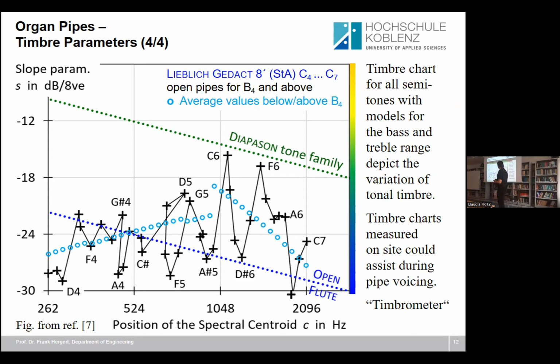And here, the special thing is that I measured each semitone in this case. In the other examples, I measured only every fourth. So I measured the C, the E, G sharp, and then C, to reduce the amount of data sets a bit. And here, as I have every single semitone, I see some deviations.